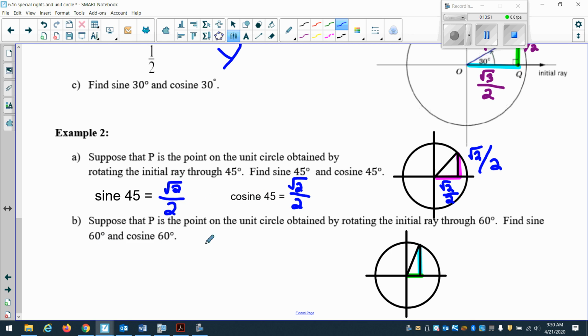With 60 degrees, remember it's going to be switching the two lengths that we found. So before, for the 30-degree angle at the top, this was √3/2, the horizontal leg. But now the vertical leg is √3/2, and the horizontal leg is 1/2.